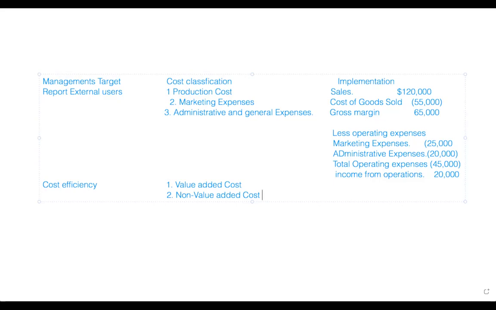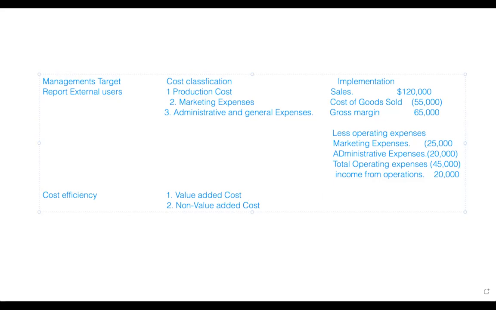So how is the implementation for this part? Okay, so we can show it on the income statement.